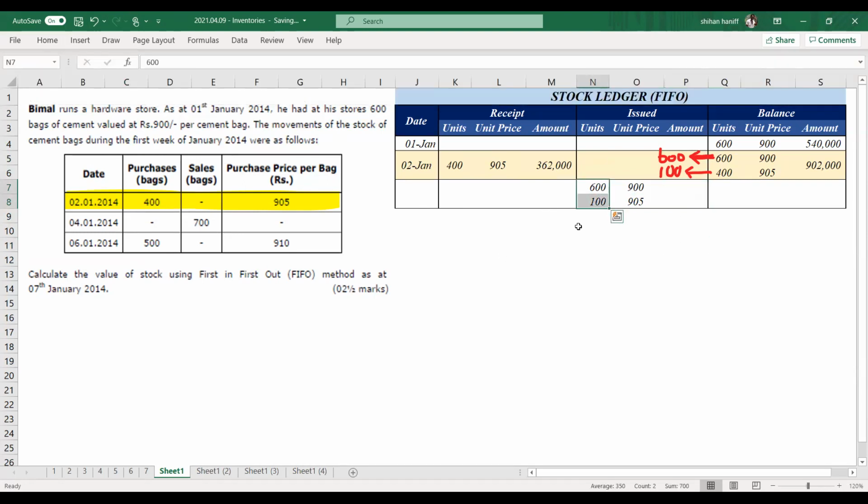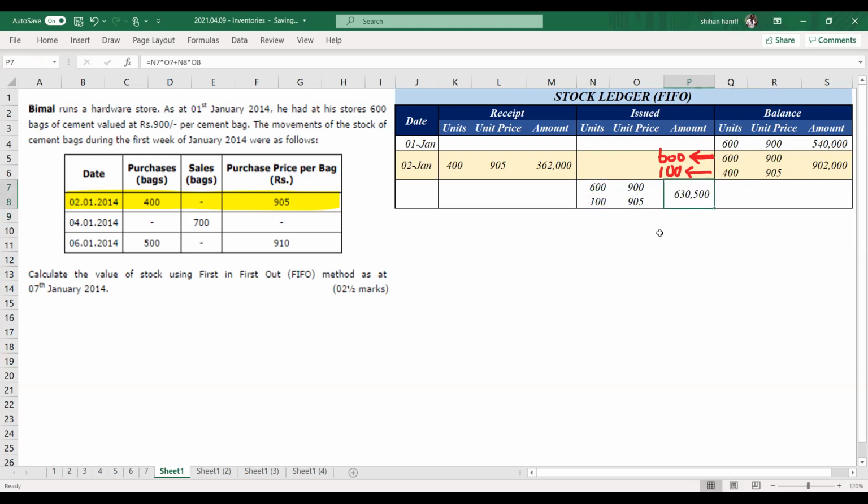Then total 700 bags will be issued. Then the value is 600 into 900 plus 100 into 905. So total 630,500.